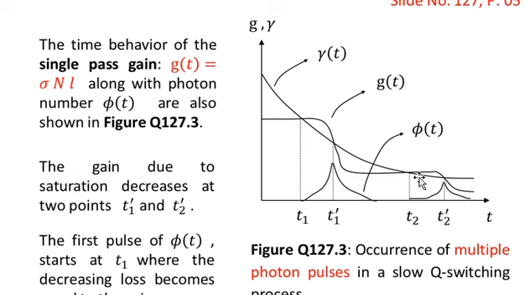In this present curve, only at two instances g becomes greater than the value of gamma, so two peaks can be observed, one after T1, the other after T2. The peaks of the photons will be observed at T1 prime and T2 prime, because after that the net losses in the cavity become greater than the net gain in the cavity.